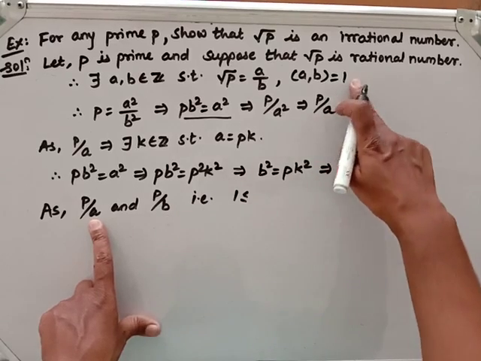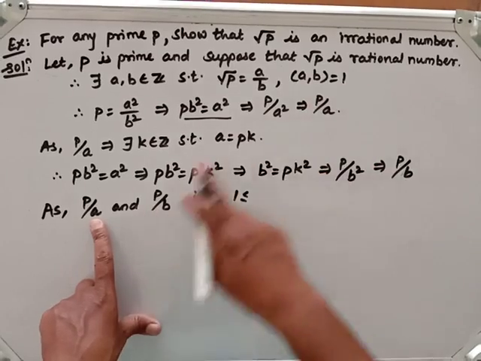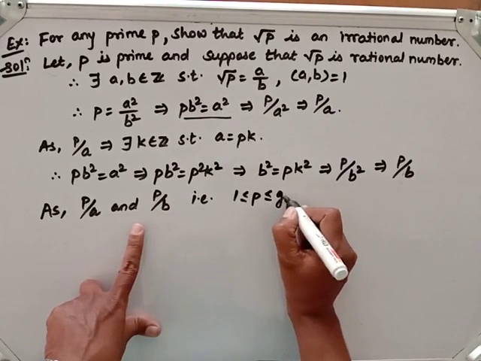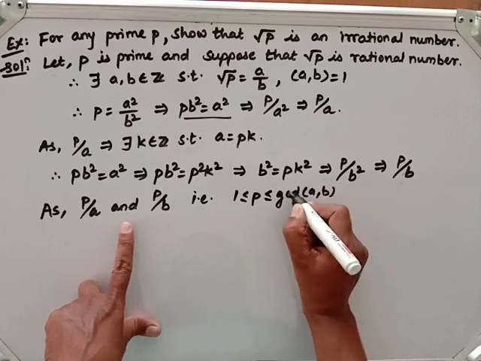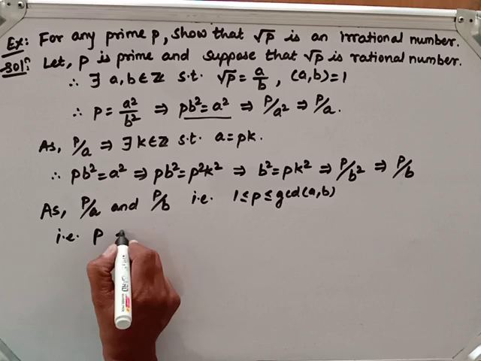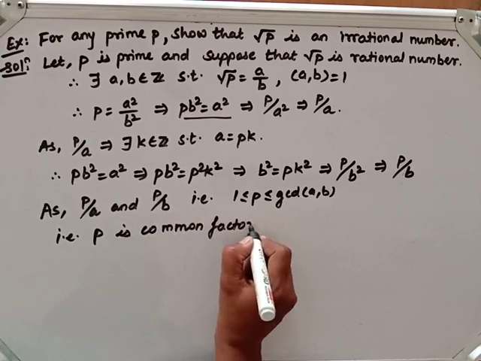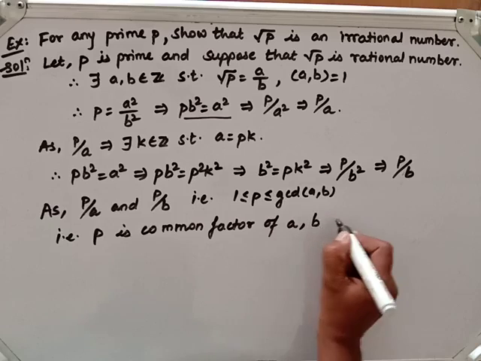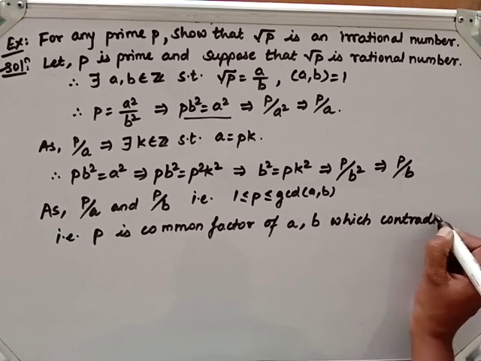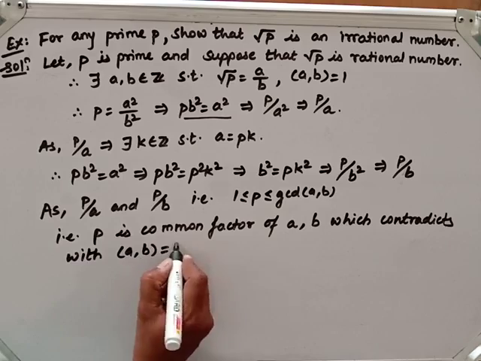So this contradicts the fact that the GCD of A and B is 1. Since P is a common factor, 1 is less than or equal to P, which is less than or equal to the GCD of A and B. This contradicts the GCD of A and B being 1.